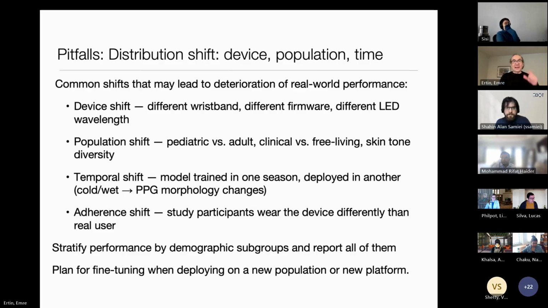And a lot of the time, in these large studies, participants are encouraged to wear the devices through various means, and they wear them a lot better, a lot more uniformly, than we wear devices in our studies or in free life. So the sensor data that the foundation model sees could be different from the real user in one of our studies. So we need to be ready to fine-tune, perhaps end to end, to deploy on a new population, on a new sensor platform.